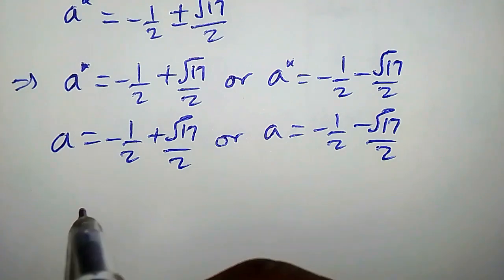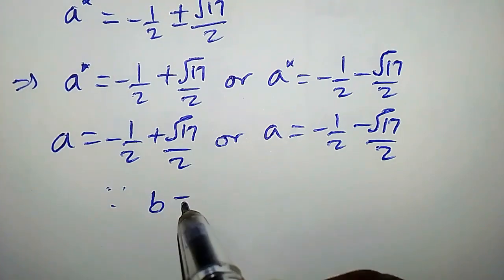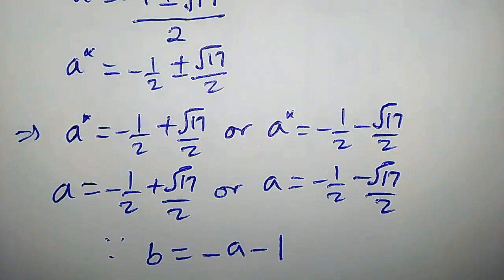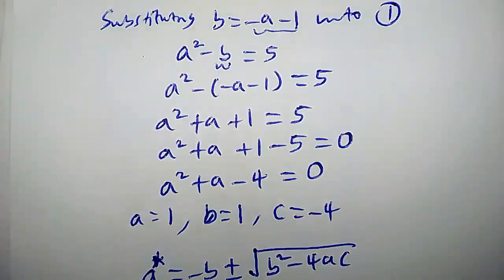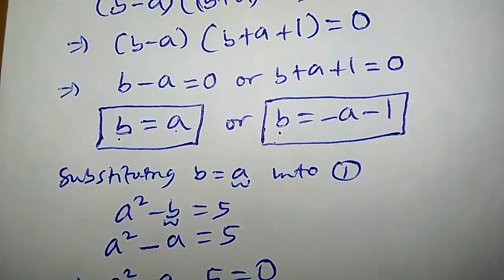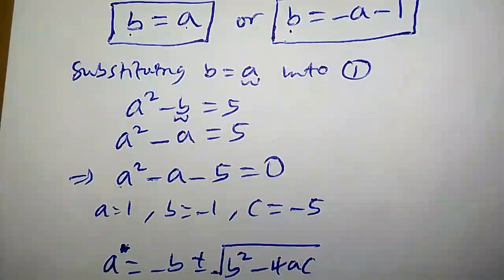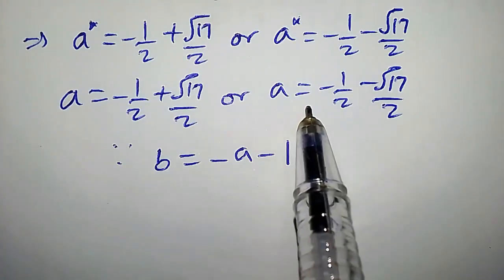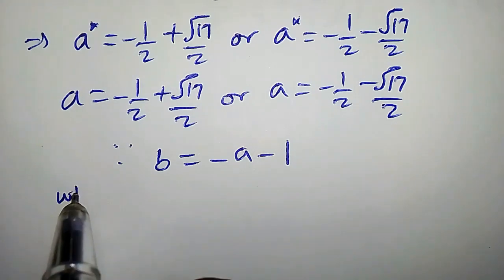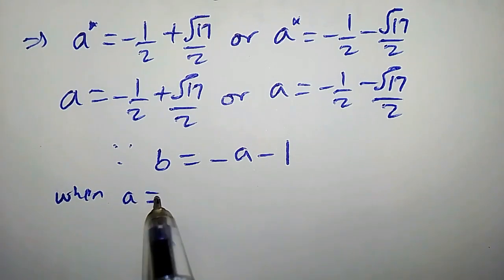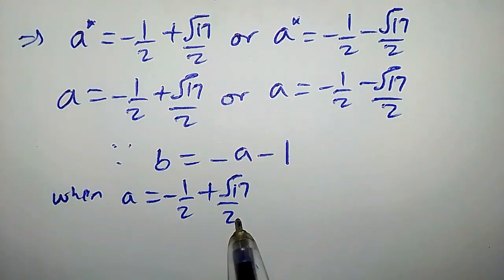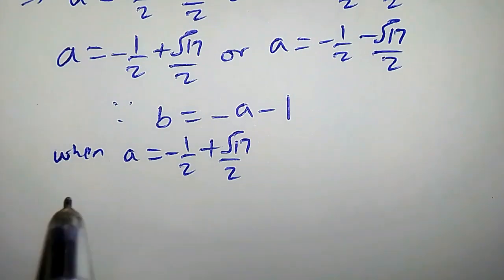Let's continue. Since B is equal to minus A minus 1, we will now consider each of these. When A is equal to minus 1 over 2 plus square root of 17 over 2, what will now be the value of B?